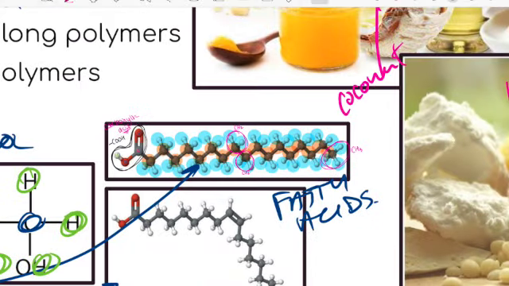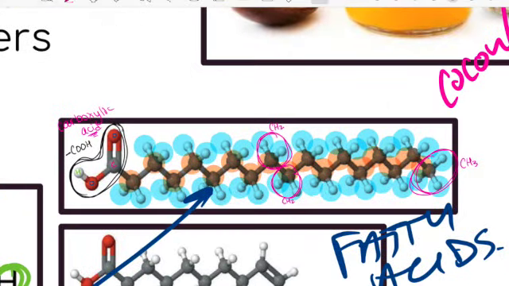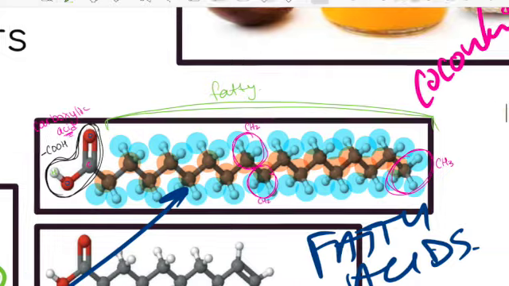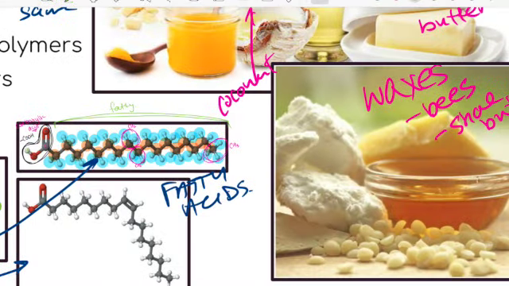The carboxylic acid is the acid part, and this chain here is the fatty part. When it's made of mostly carbons and hydrogens, we call this the hydrocarbon. So there's a hydrocarbon here, and it's got the carboxylic acid at the other end. So it's an acid and a fatty hydrocarbon. So it's a fatty acid.